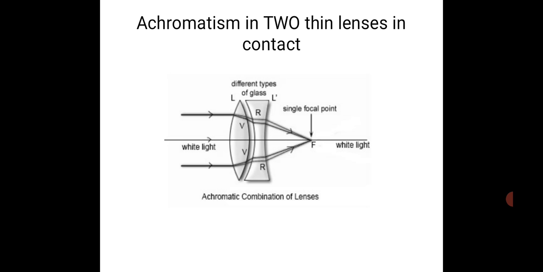Here we are going to represent this achromatism for two thin lenses in contact, one concave and another convex.